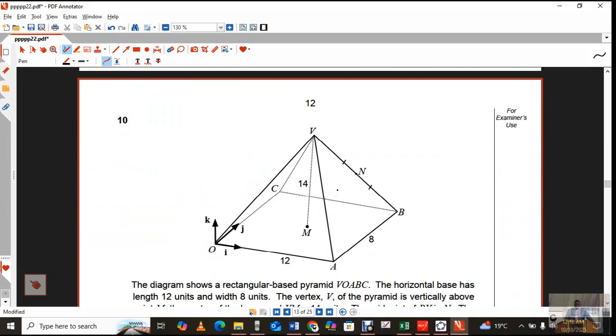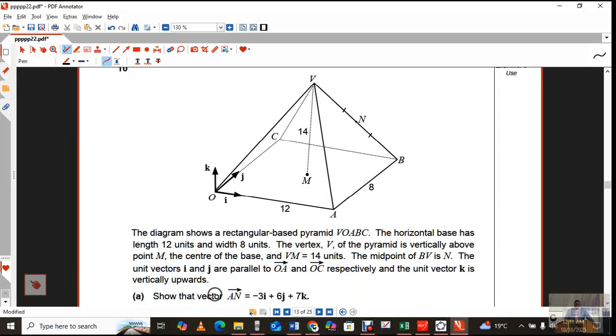All right, that brings me to question 10. Question 10 is a question on vectors, 3D vectors. And they are saying the diagram shows a rectangular based pyramid, VOABC, as you can see. The horizontal base has a length of 12 units and a width of 8 units.